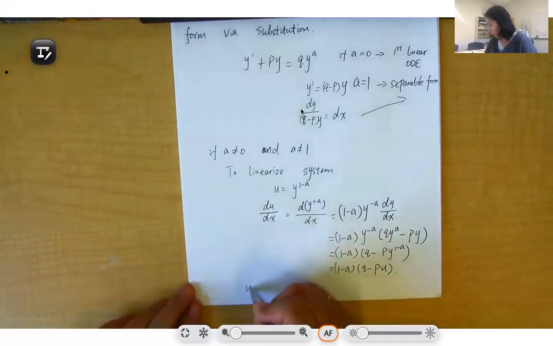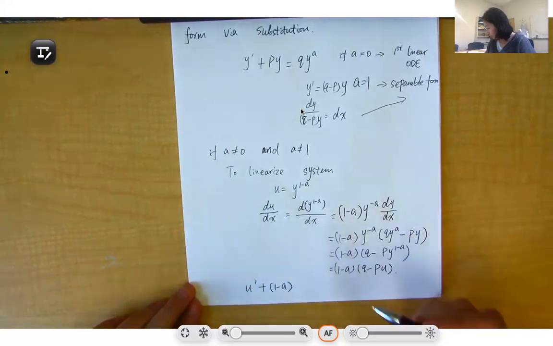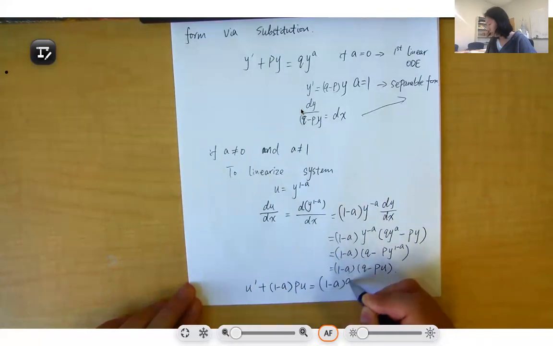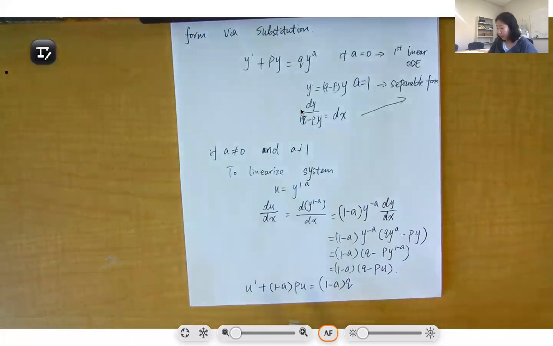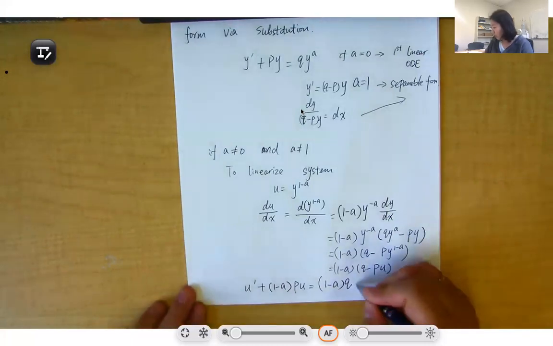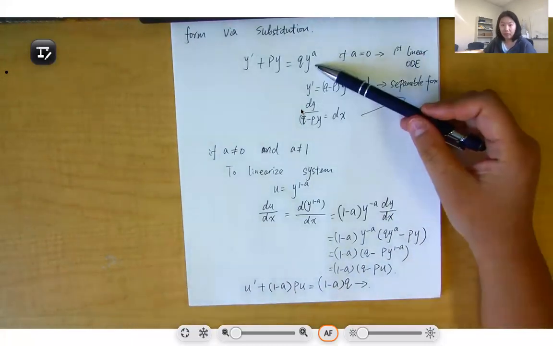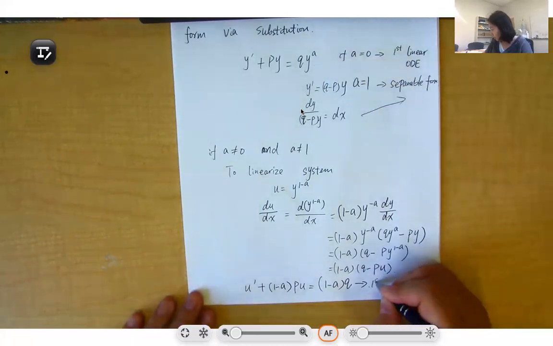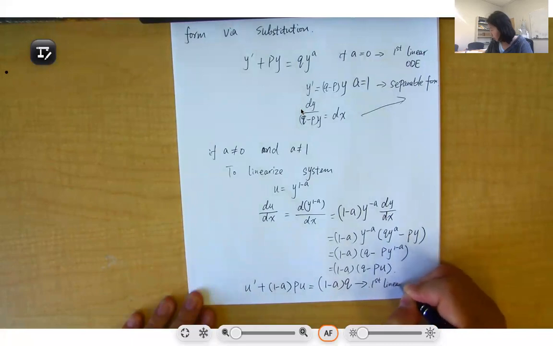That is u prime plus (1 minus a) p u equals (1 minus a) q. You can see that the coefficients of the different terms are constants or functions of x only, so we changed the previous nonlinear first order ODE to a linear ODE: a first order linear ODE for u(x).